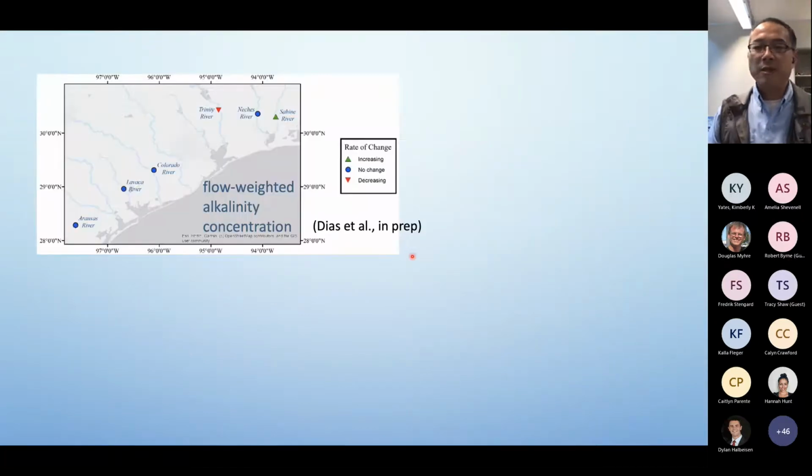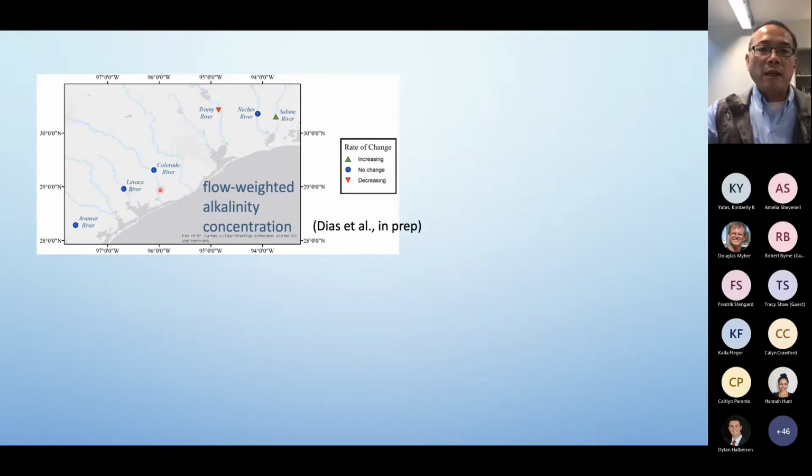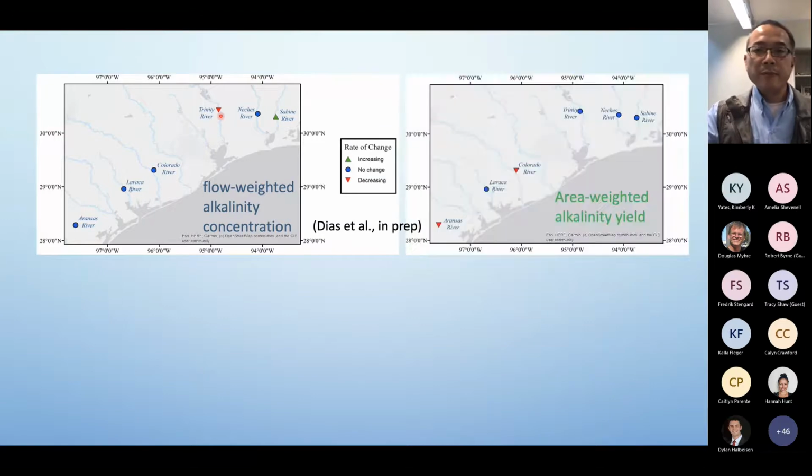I'm just going to show a few very simple figures that she made. The first plot is the flow-weighted alkalinity concentration. A lot of rivers don't show a temporally significant trend, but the Trinity River, one of the largest rivers in Texas, shows a gradual decrease in the flow-weighted alkalinity concentration.